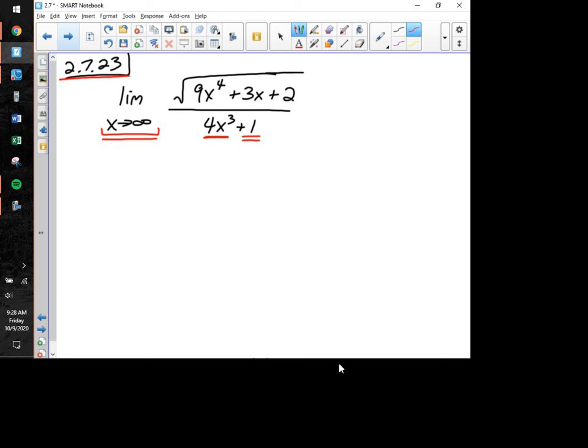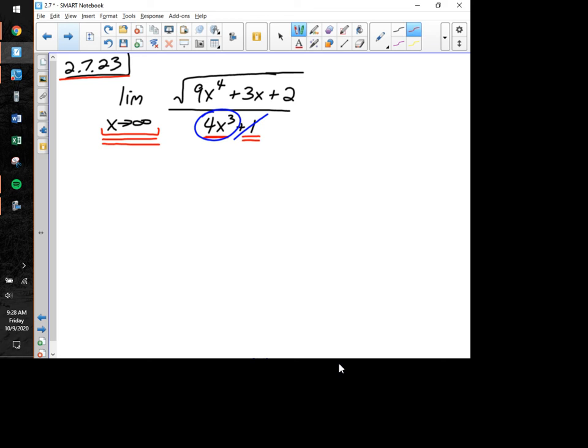So the fuzzy math that we're allowed to do, you guys are going to love this, is because we're doing a limit, let me say it again, as x approaches infinity, a huge number, we get to ignore that plus 1 and really just focus on the 4x cubed as the only important term in the denominator as x approaches infinity. And the exact same rationale, you guys, works in the numerator.